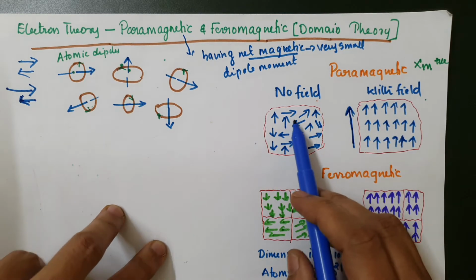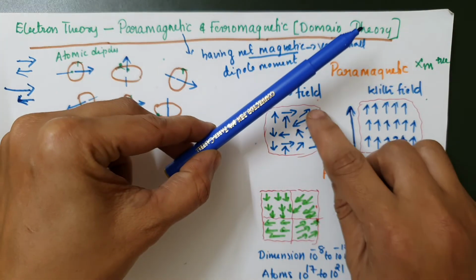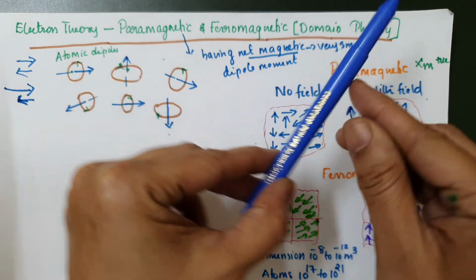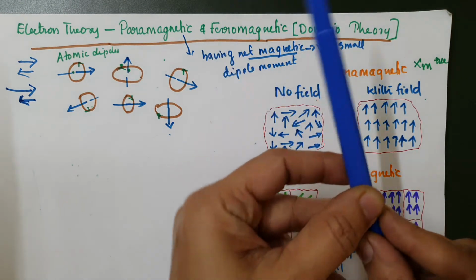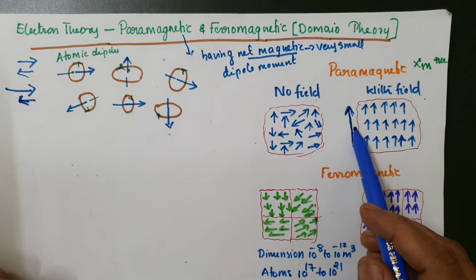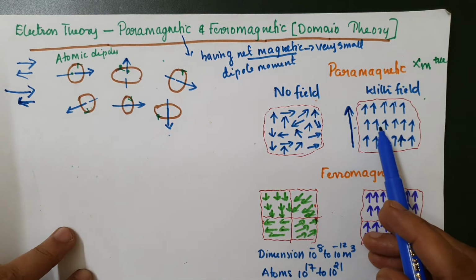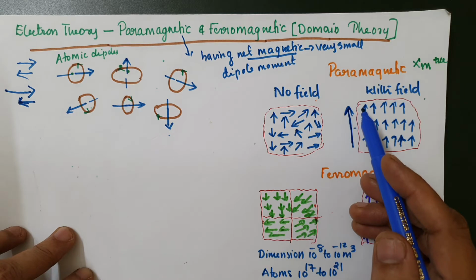If it is in this direction, it undergoes rotation like this, and if it is in this direction, it undergoes a rotation like this. So under the influence of a field, the moments will orient along the direction of the field.